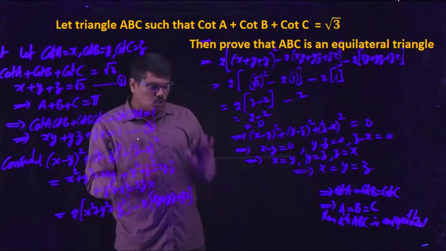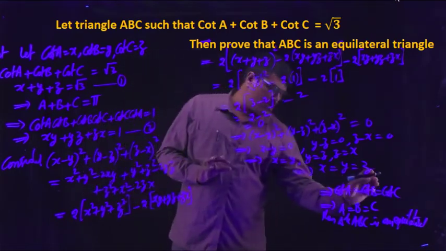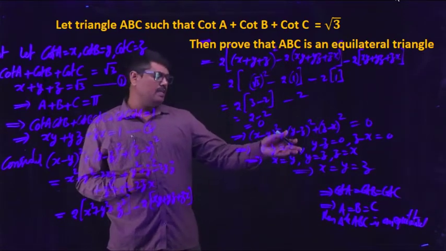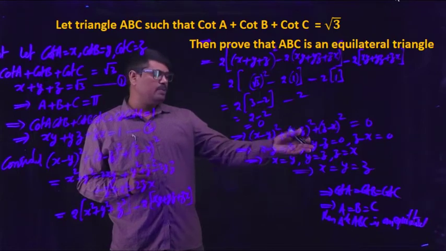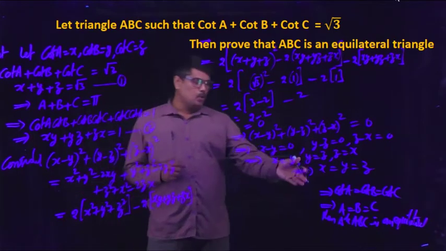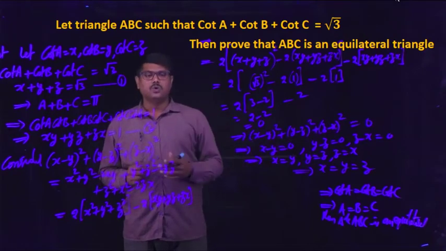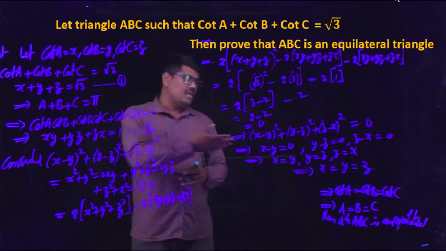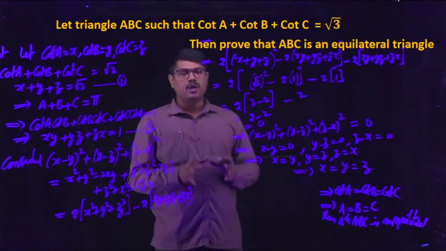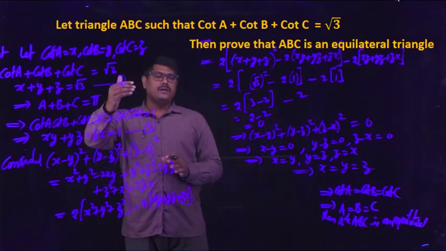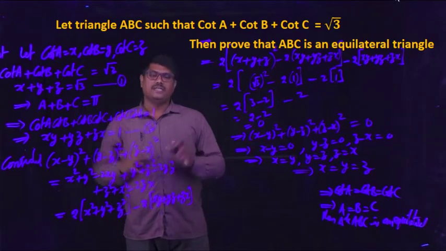So it is the only way cot A = cot B = cot C. That implies A = B and B = C. So by proving all the angles of triangle ABC are equal, we can conclude the triangle ABC is an equilateral triangle. So you have an idea how we will prove the given triangle is an equilateral triangle.